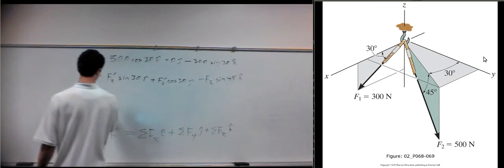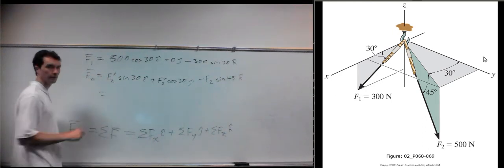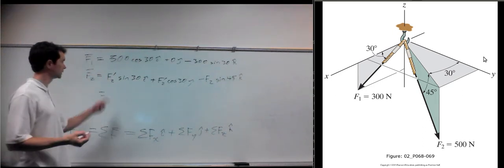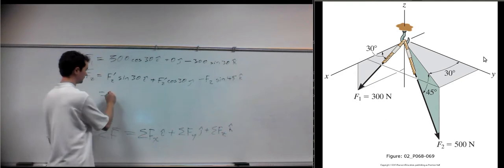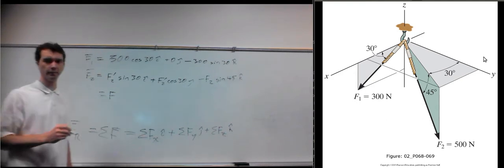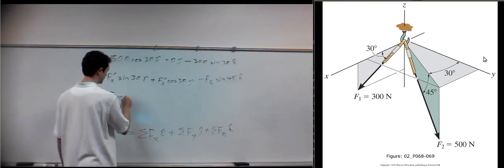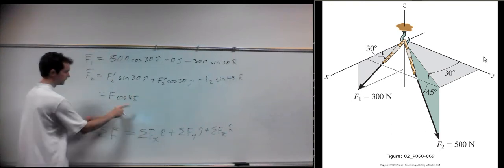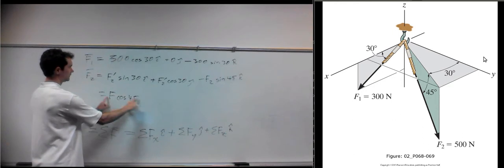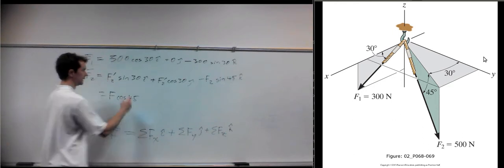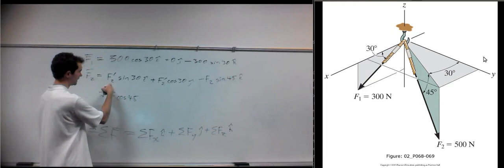And then expanding the value for F2 prime, because we don't know what that is yet. So F2 prime is equal to the magnitude F times cosine 45 degrees. So this F cosine of 45 is the magnitude F2 prime. And so then we're just substituting that into this equation.